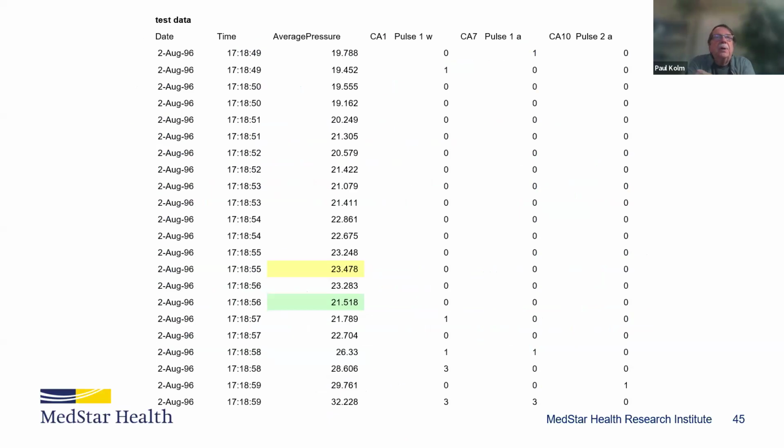And so this is what the data actually looks like. You see you're getting pressures here at various times, although they're occurring within just a few seconds of each other. And then we have three different neuron groups here, designated 1, 7, or 10.